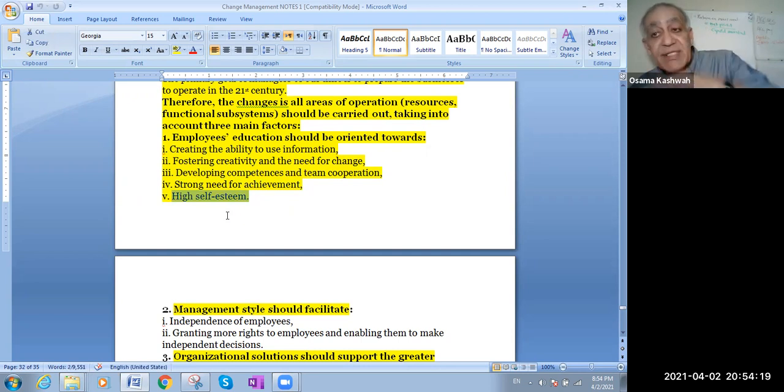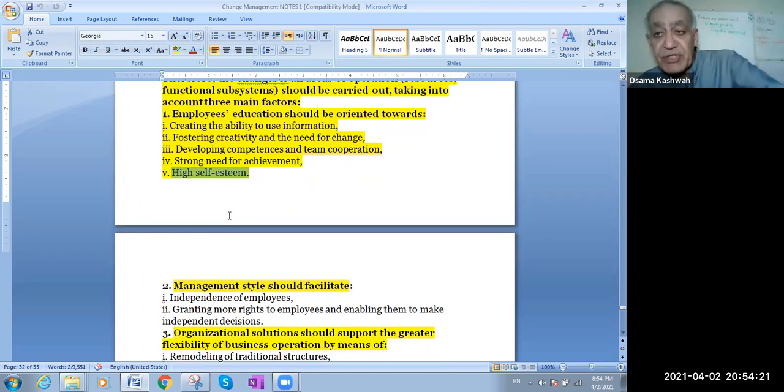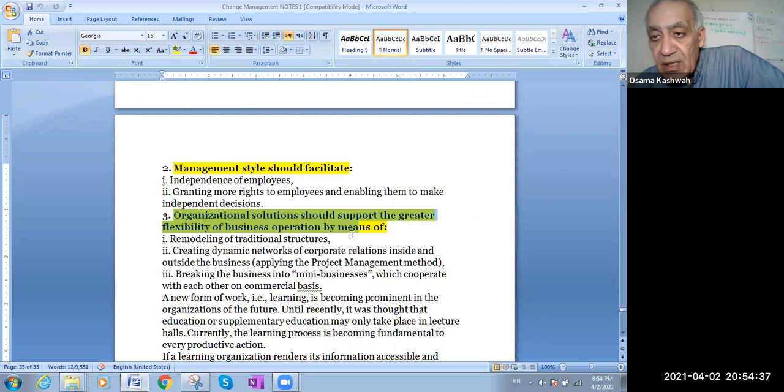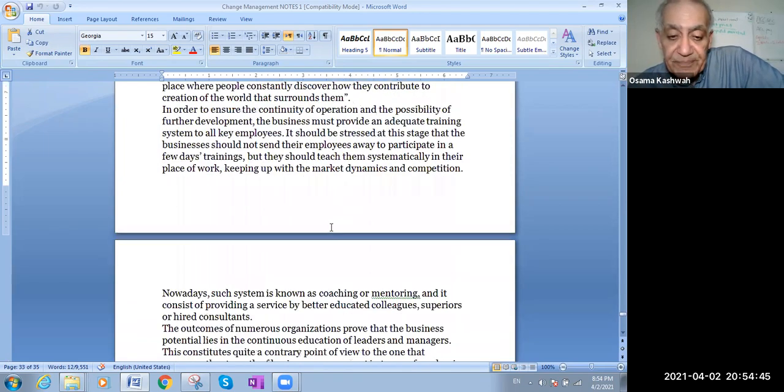Those are the things needed for the future change. Management style should facilitate independence of employees, granting more rights to them, and organizational solutions should support greater flexibility. The more flexible the business, the more the ability to change and to accept the change.